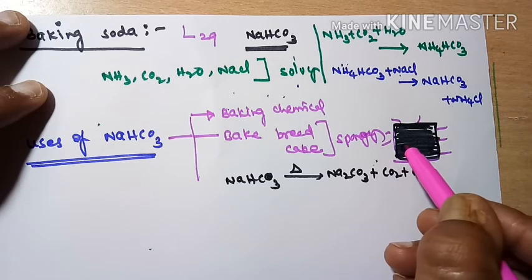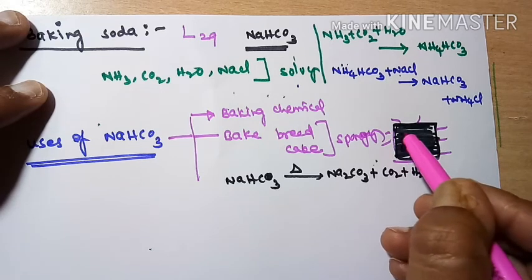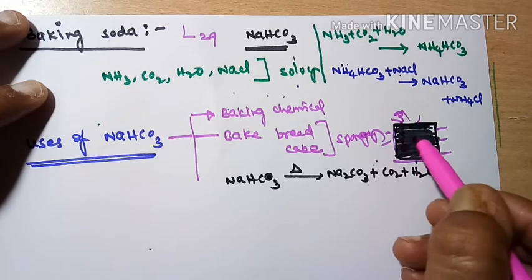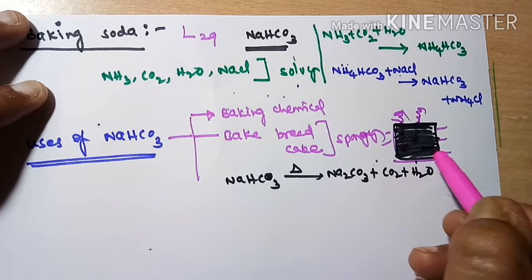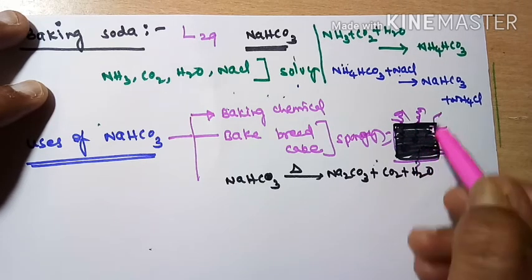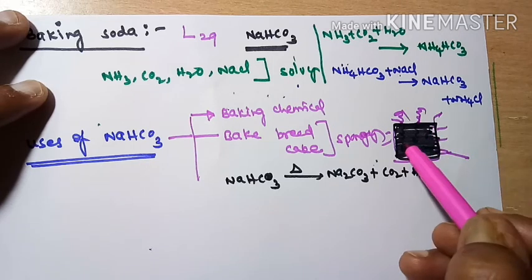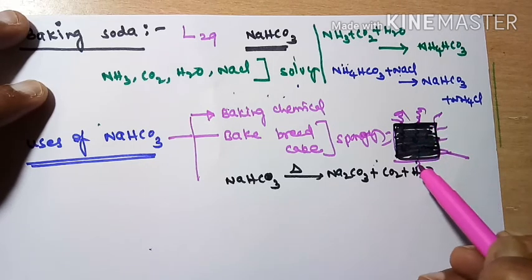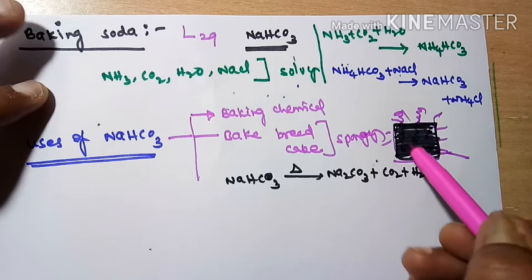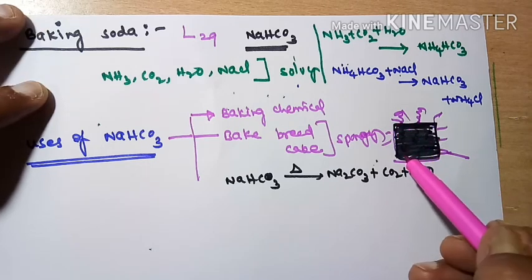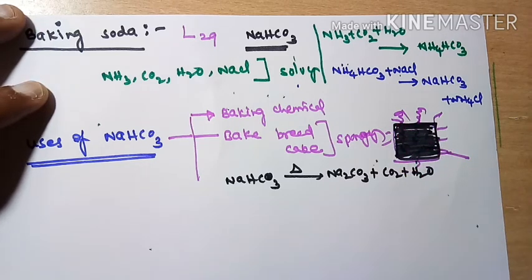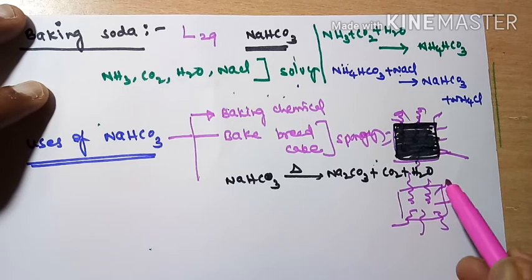if carbon dioxide is formed, it escapes like this. In such a way some route is formed, and holes are formed in the baking material. This is one hole, this is one hole, and so on.